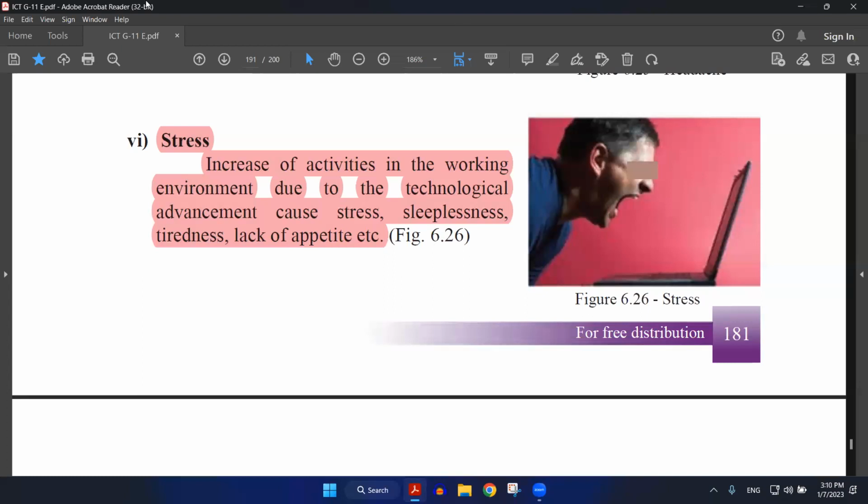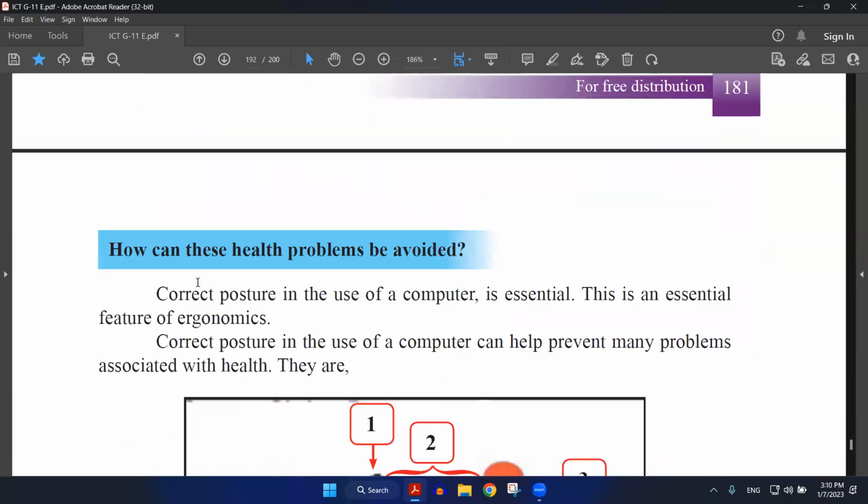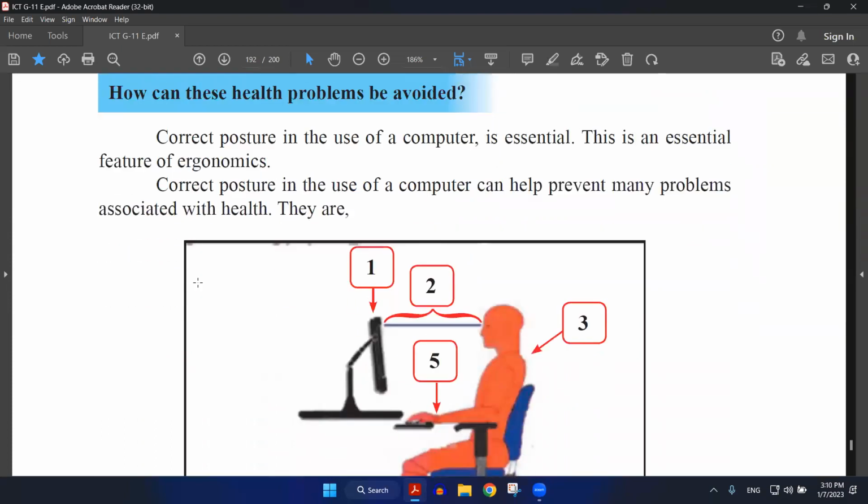Right. Anyone who is still writing this? Okay, moving forward. And then we are going to talk about how the correct posture can be taken, or how we can avoid these health issues.